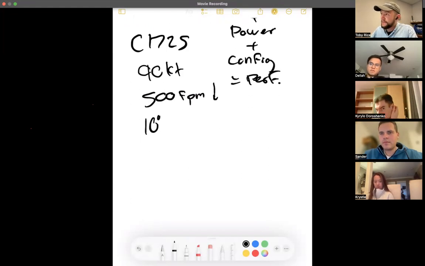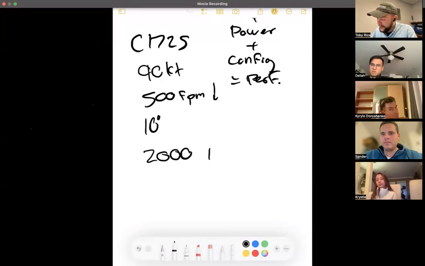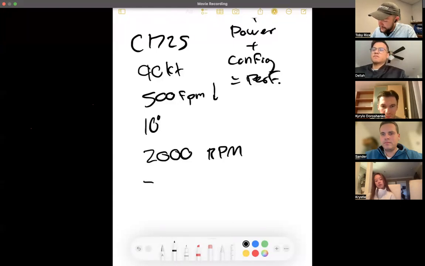at, I think it's 2,000 RPM with a pitch angle of -3 degrees pitch.